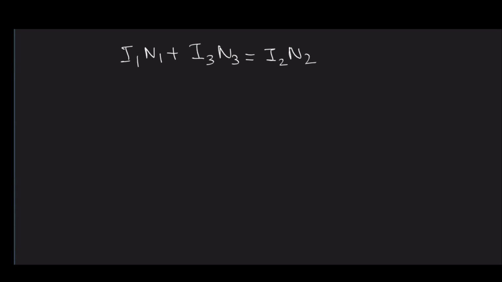So that will result as I1 plus I3 N3 by N1 is equal to I2 N2 by N1.